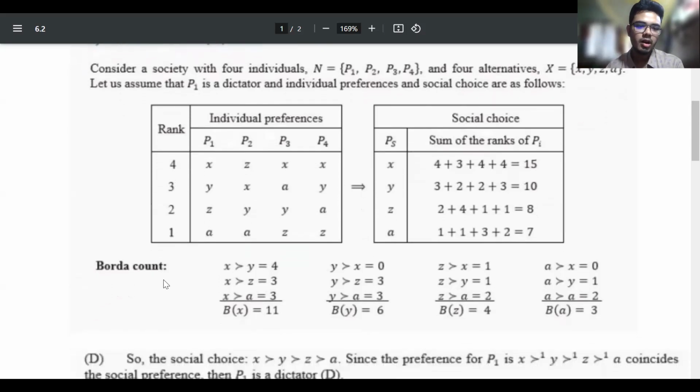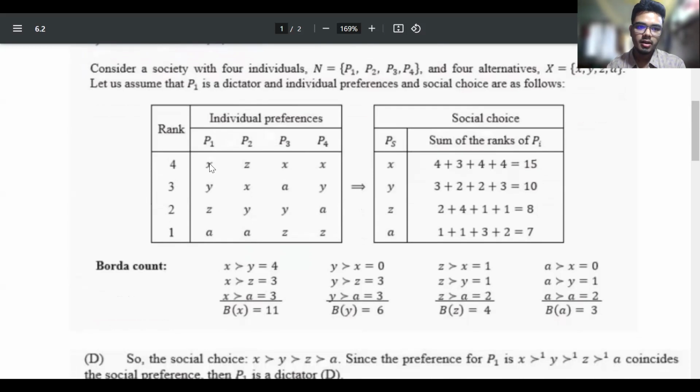Now, we have to count the Borda count. Here we can see that X is preferred to Y, which equals 4. But how? Let's see.